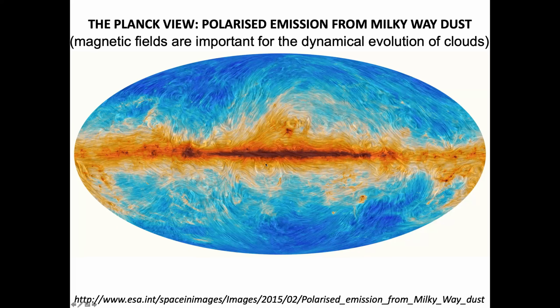This is a beautiful image. I think it beats some of the most beautiful pictures I've seen, also from the artistic point of view. It is the magnetic field in our galaxy as seen by Planck, at 353 gigahertz.